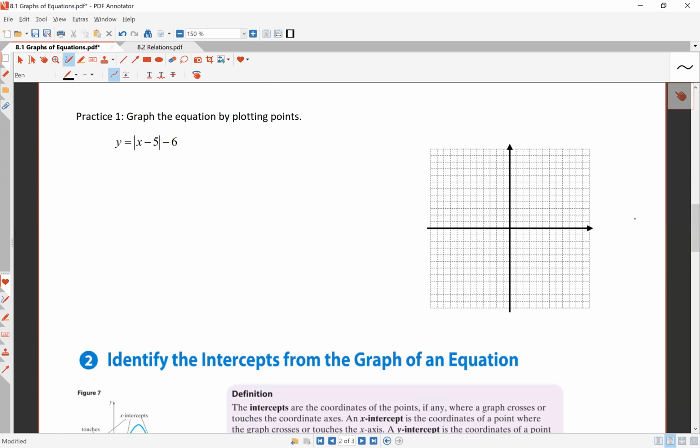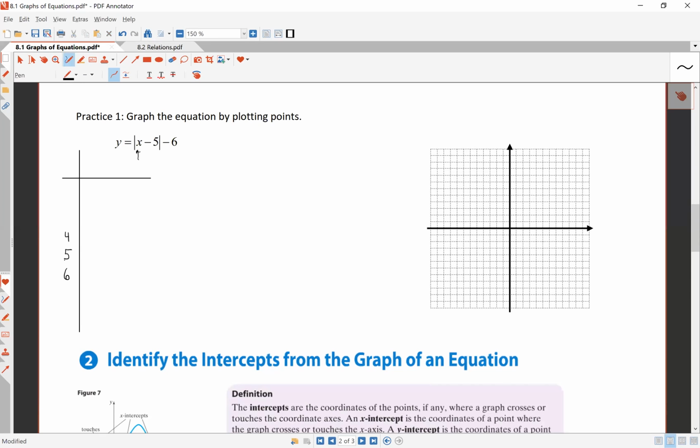And this leads us to a practice problem for you to try. This is a different kind of equation because of the absolute values. But again, start with x equal to 5 as your starting point, and do numbers to the left and to the right of that.